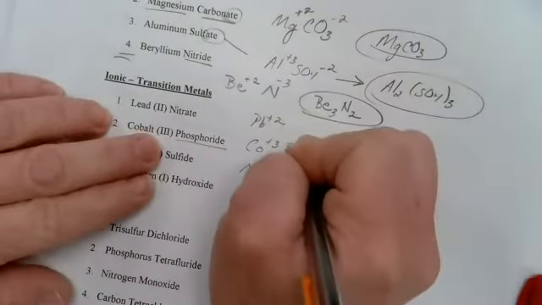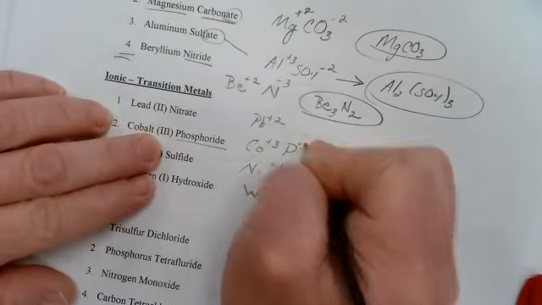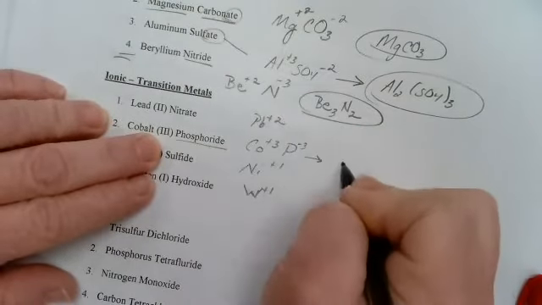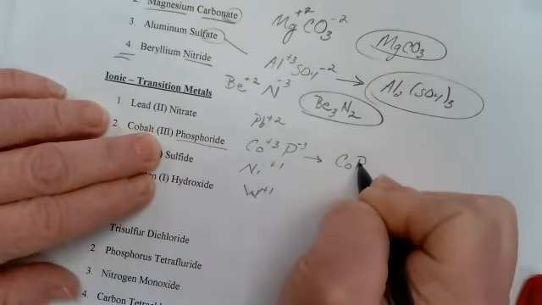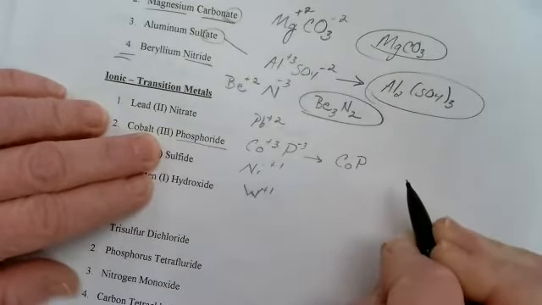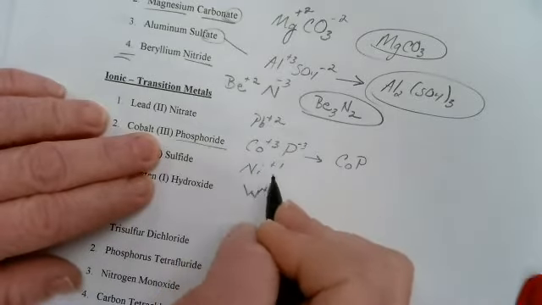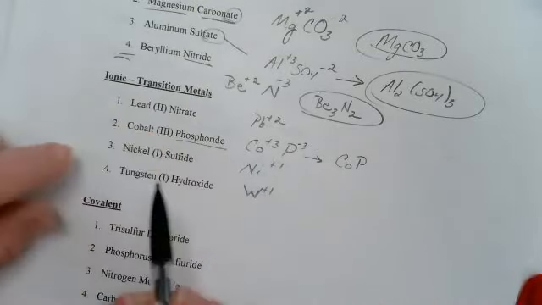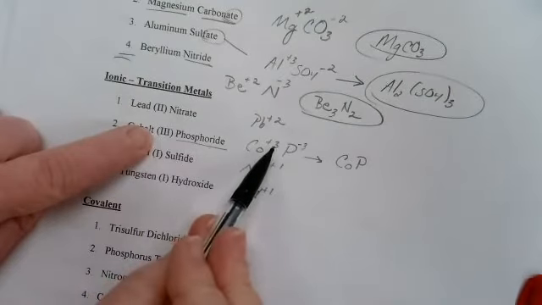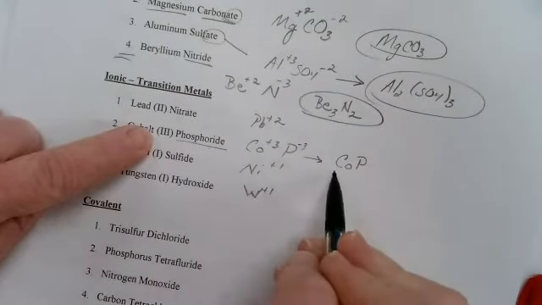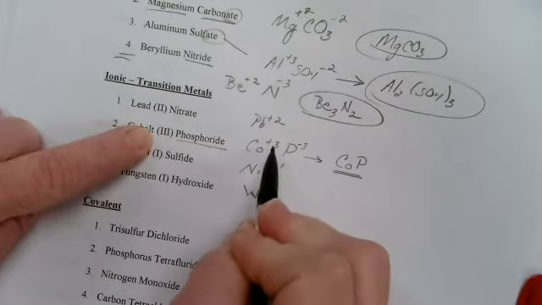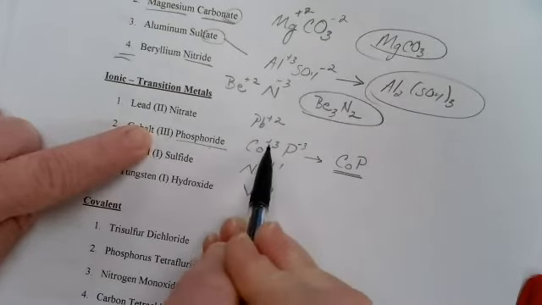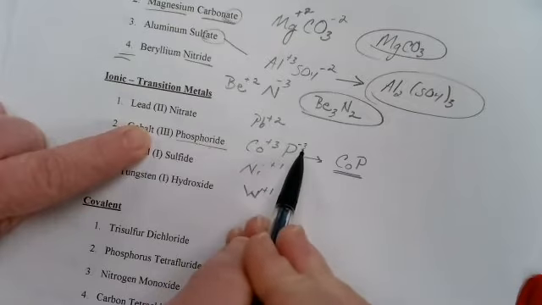Since it's a transition metal, its charge depends on the next one, so it has to be neutral. No, its charge does not depend on the anion. The charge is told to us. The formula that we create will be based on the relationship of these. This is not a +3, because that's a -3.